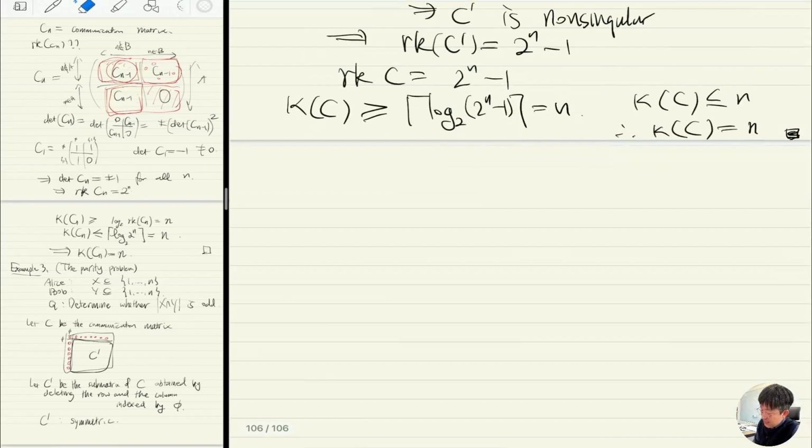Now, you can also give an upper bound on kappa. Here's a proposition: kappa of C is at least log of rank, and it's at most rank. Why?